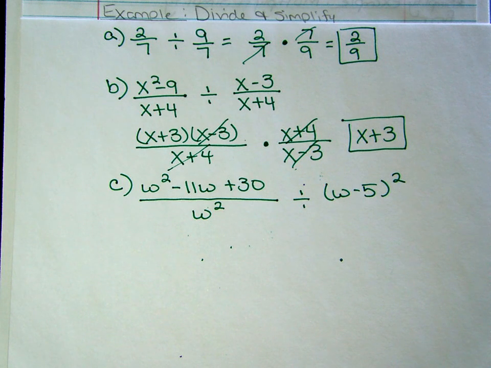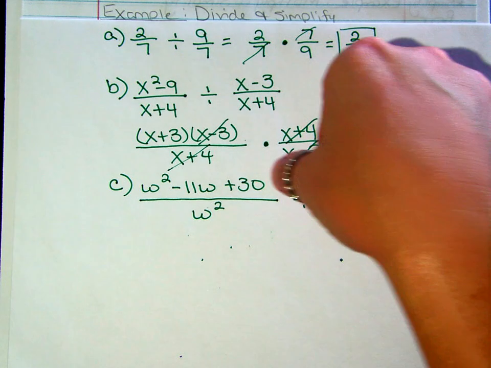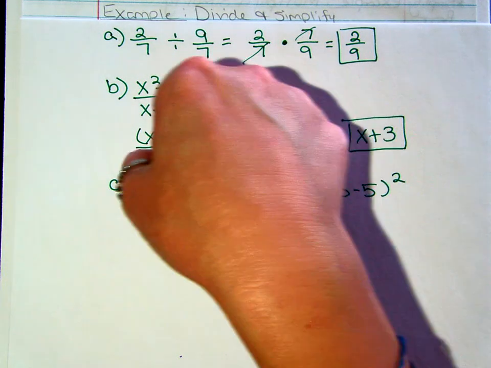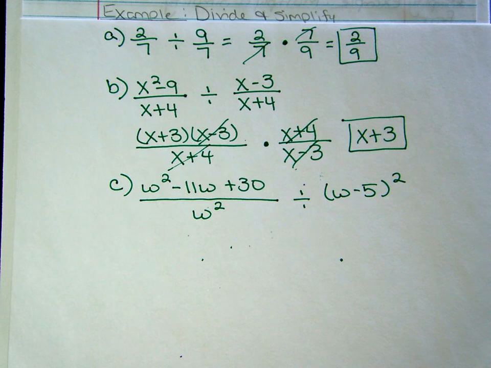I like the next example for a couple of different reasons. And I always make sure to include it because it showcases a couple of common mistakes that students like to make. The first is with our first rational expression, this whole left fraction. Notice we have a polynomial on top that starts with a w squared, and then on the bottom we only have w squared.